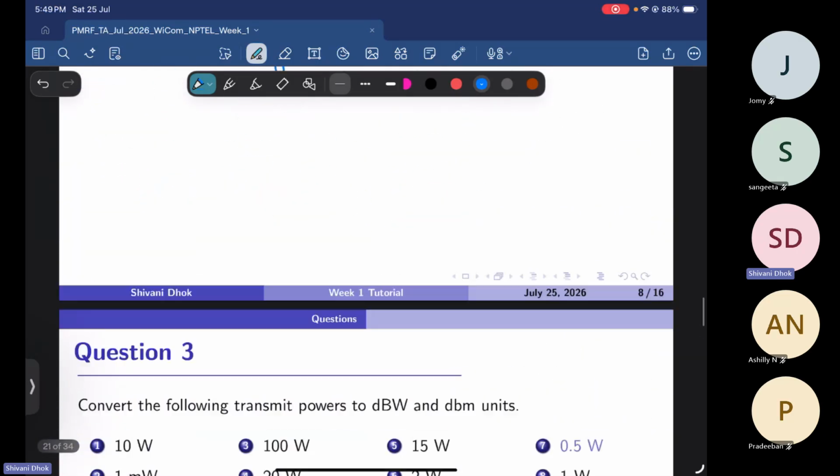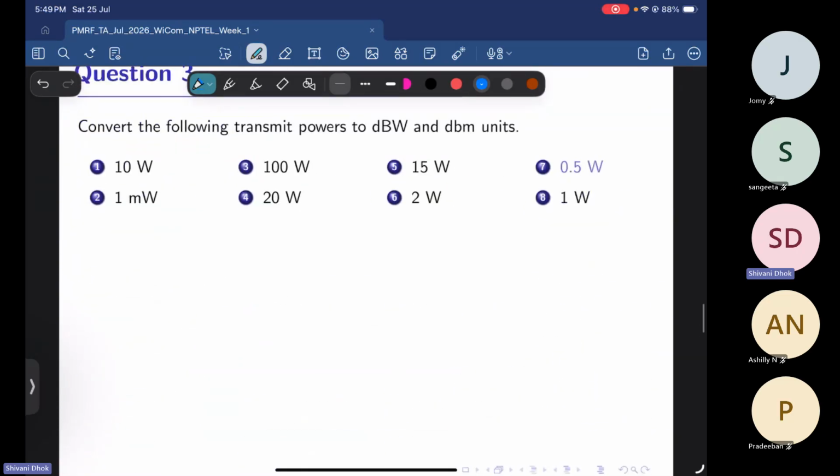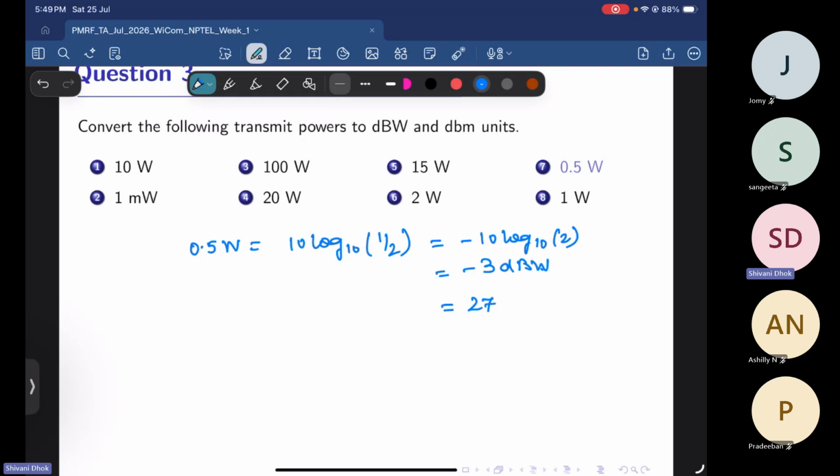I'll come back to this 3 dB thing soon. Then my 0.5 watts is 10 log to the base 10, 1 by 2. 0.5 is 1 by 2, which is nothing but minus 10 log to the base 10, 2, which is again minus 3 dBW, and this is 27 dBm.